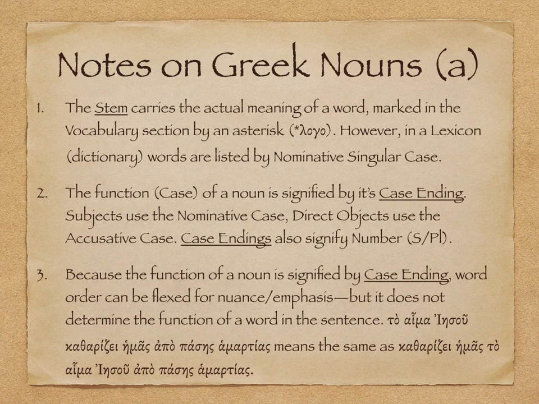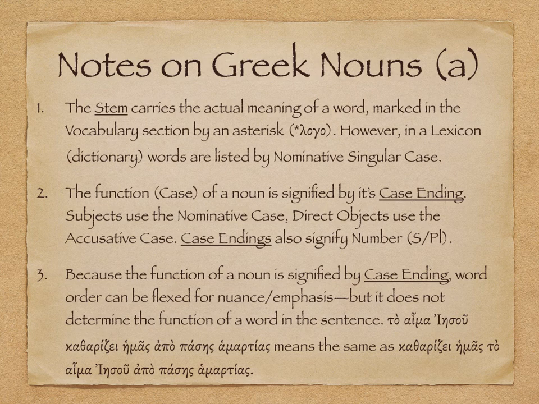Well, let's be specific now with Greek nouns. The stem actually carries the meaning of the word, marked in the vocabulary section by an asterisk. Now, the vocabulary section of Mounce, we should clarify. We'll talk about lexicons here in a bit, but that's how we look up words that we don't know. In the back of each chapter of nouns, there are vocab words. You've probably seen those already.